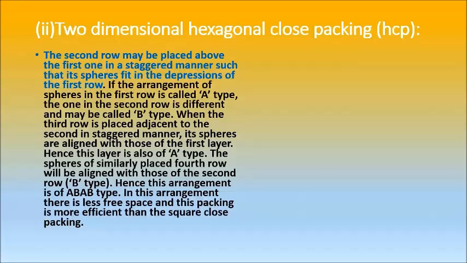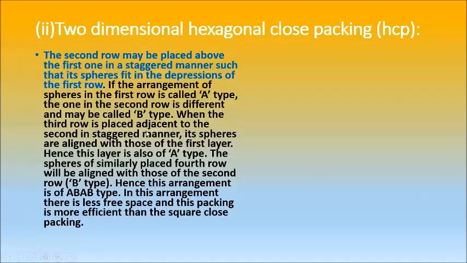So if there's a slight change in the arrangement, one layer is arranged attached to the other spheres, and when you place the second row, the depressions will be filled with the spheres. If the arrangement of the spheres in the first row is called A type, the one in the second row is said to be B. Why? Because it is different.